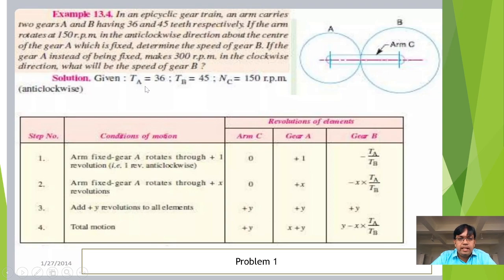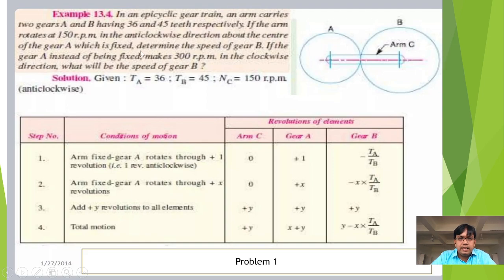Therefore, given TA equals 36 and TB equals 45. If the arm rotates at 150 RPM in the anti-clockwise direction about the center of gear A, which is fixed, that is, gear A is fixed.